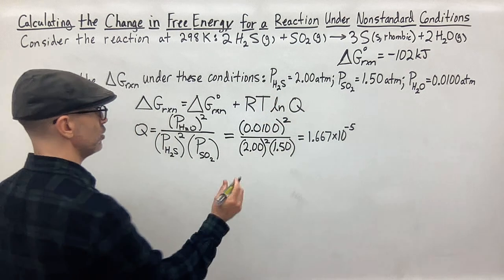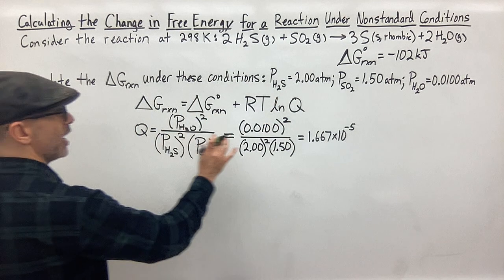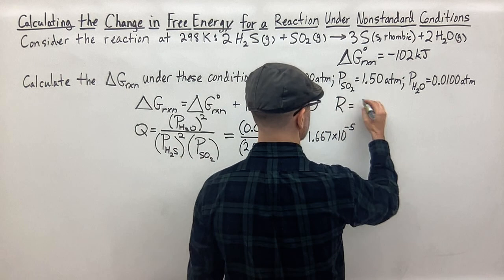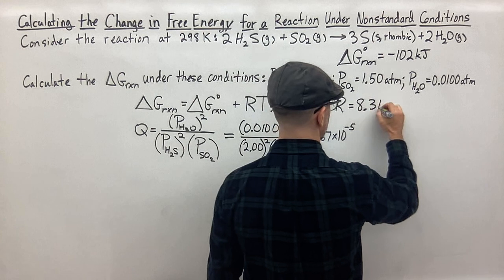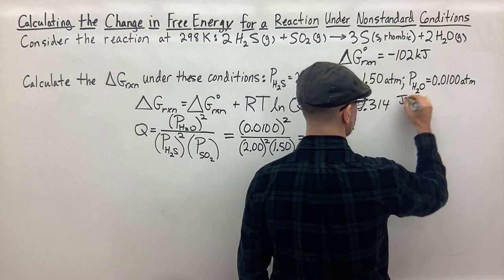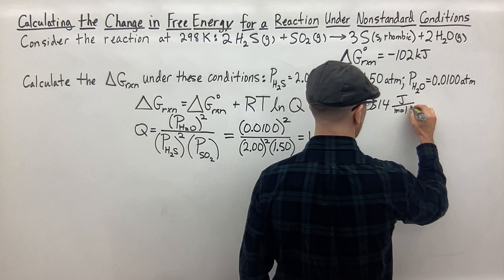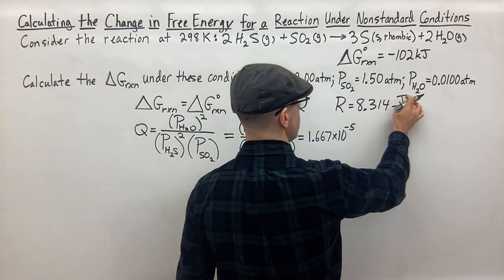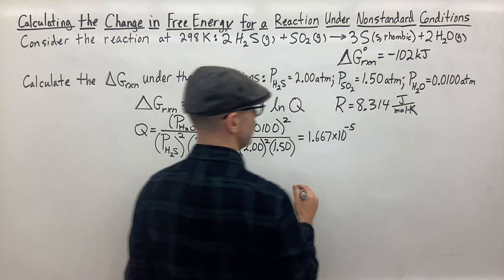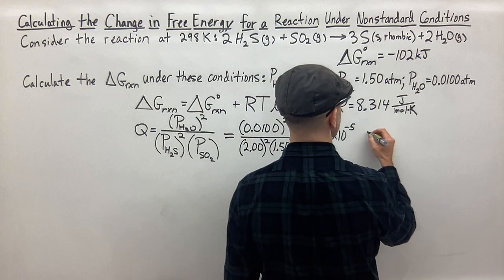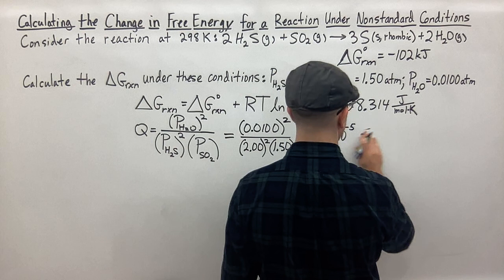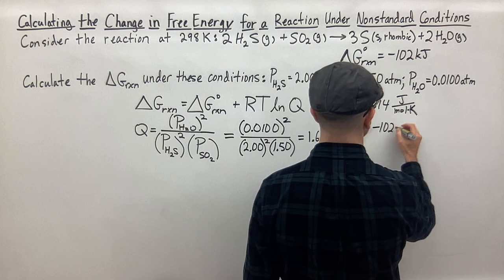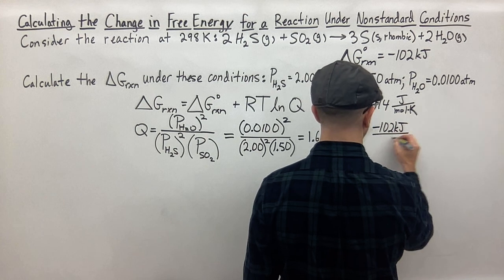And so now all we need to do is write our equation. But before we do that, notice that the R value, let me write that down, R is equal to 8.314 joules per mole Kelvin. And so we have joules here, but we have kilojoules here. So let's convert that to joules. So we have 102 kilojoules over 1.